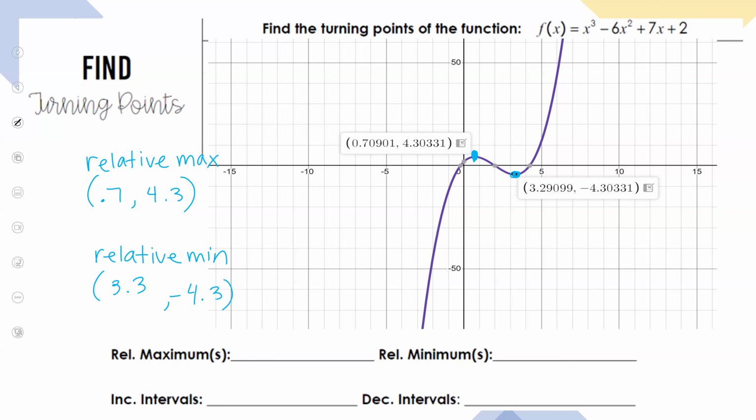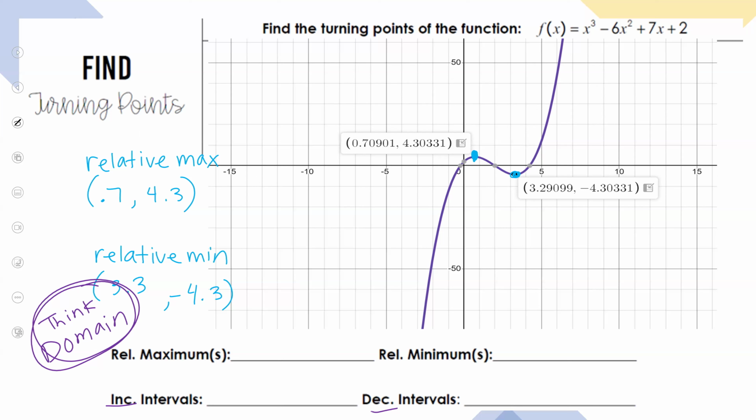Okay, now let's talk about increasing and decreasing intervals. Okay, so let's first talk about where it's increasing, since this graph starts increasing first. Whenever, please write this down. For increasing interval and decreasing interval, I want you guys to write domain. You need to think about the domain. So write think domain. You should be thinking about the domain when you're answering increasing and decreasing. Domain, you're thinking about your x values, okay? Domain, you're thinking left to right, left to right.